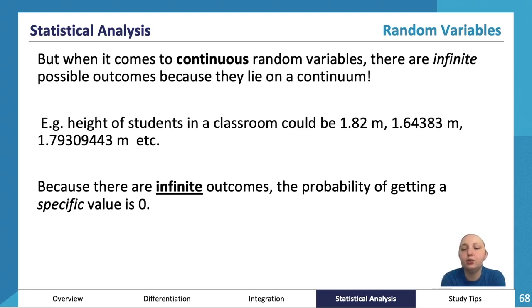Okay. So like I said, if we had the proper equipment, heights of students in a classroom could be 1.82 meters, could be 1.64383 meters, could be 1.7930944 meters, etc. If you had the equipment, you could have an infinite number of heights. Because there are infinite outcomes, this makes it hard to estimate probability, and so the probability of getting a specific value is going to be 0 because there's an infinite number of values you could pick.